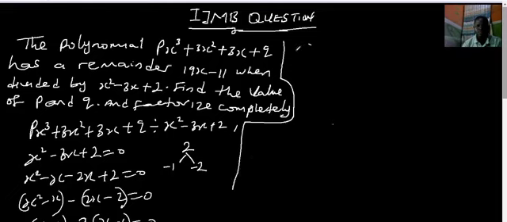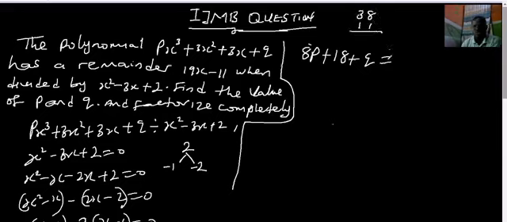So you will have 8p plus 12 plus 6, that will be 18, plus q equal to 38 minus 11. 38 minus 11, that's 27.